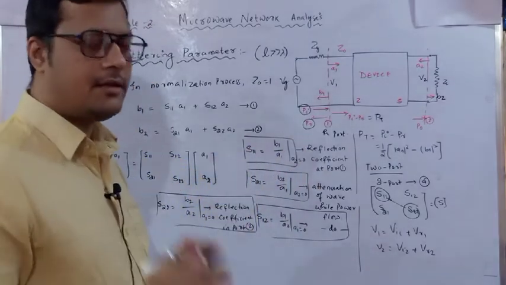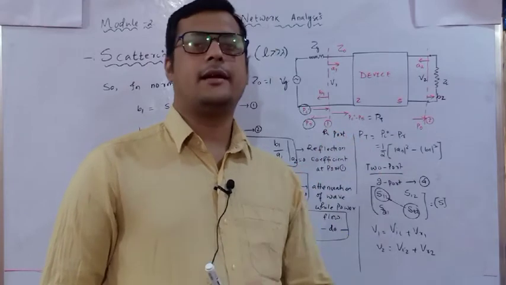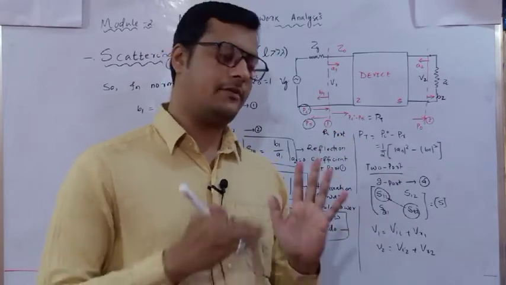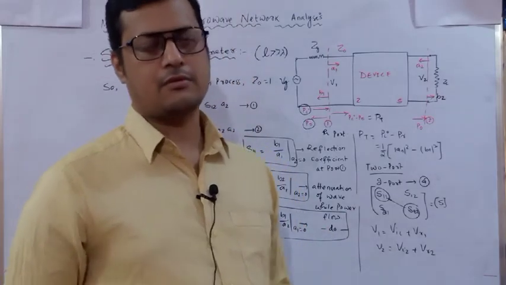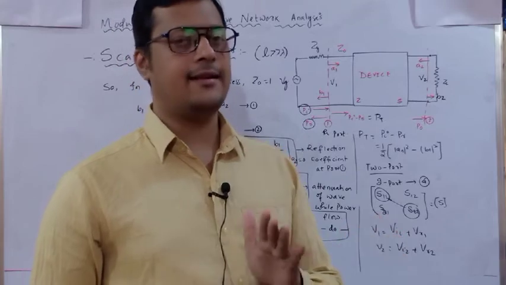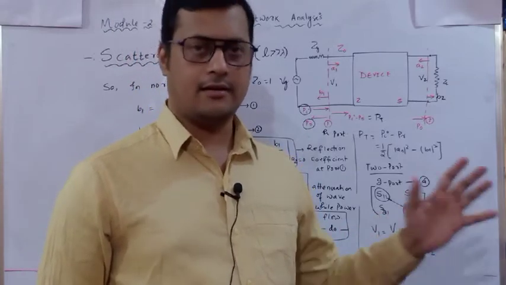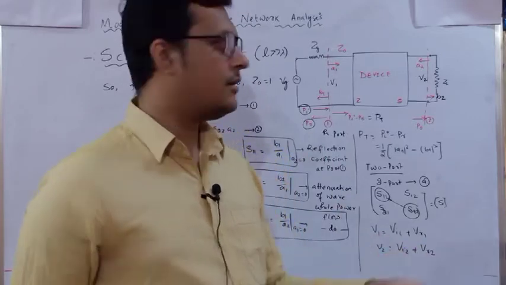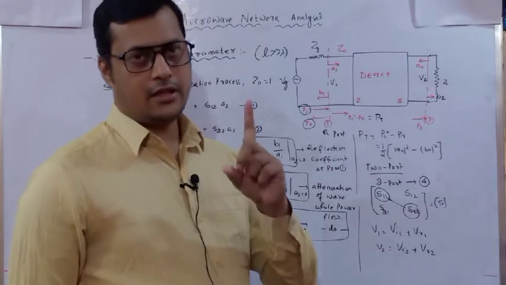So always remember that in the scattering matrix, all diagonal elements, whether it is a 4-port network, a 5-port network, a 6-port network, or even a 2-port network, indicate the reflection coefficient of that network for the individual port. If I write S11, that means it is the reflection coefficient for port 1.